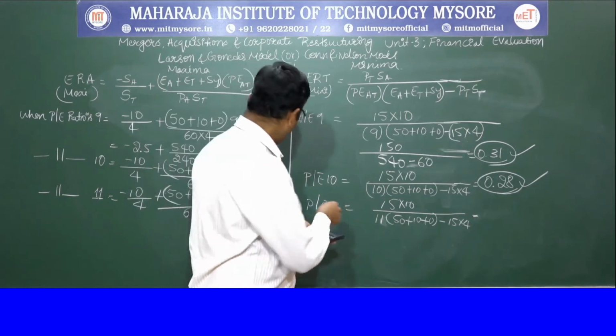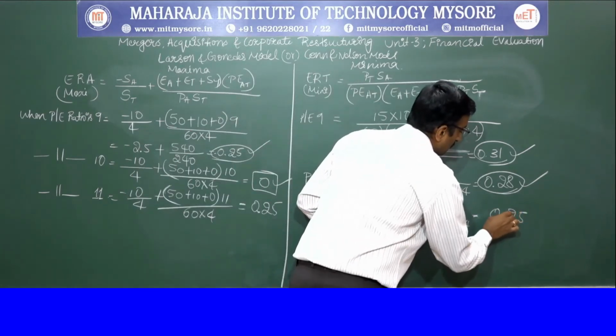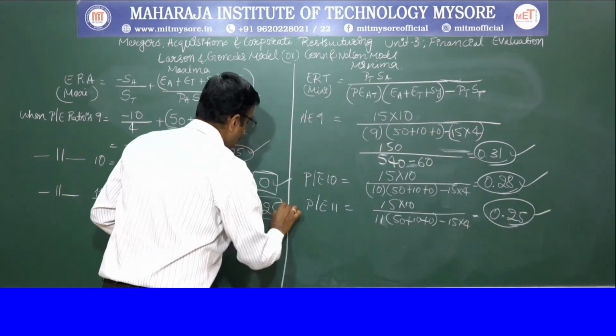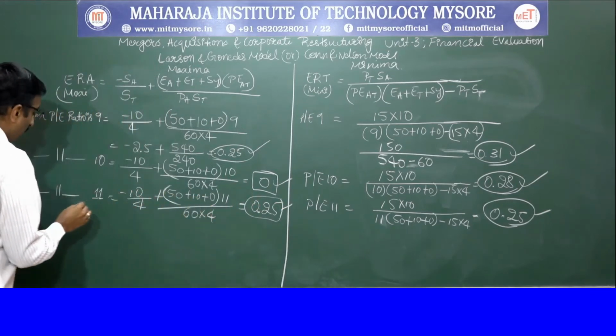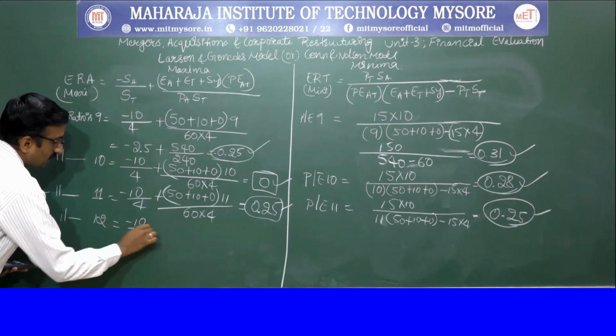You will get same 0.25. So same level comes here also and here also.